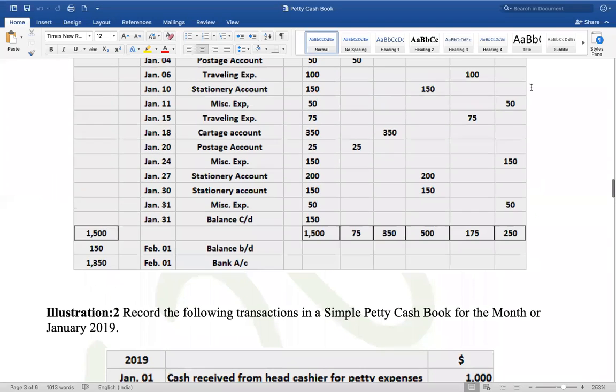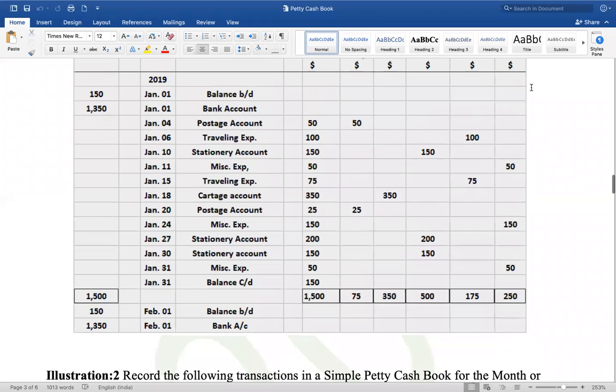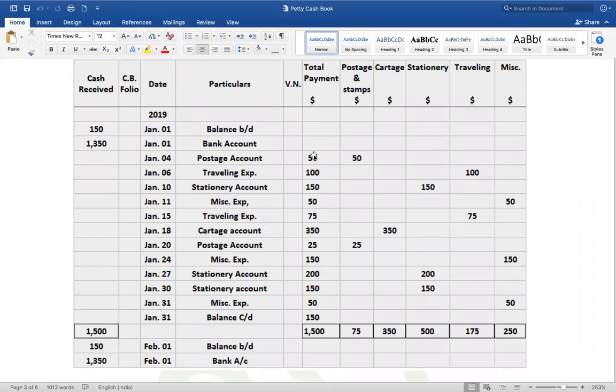What is the total of the entire spending? Look at this: 50, 100, 150, 75, 350, 25, 150, 200. This is 100. This is 100. 100, 150, and 50.